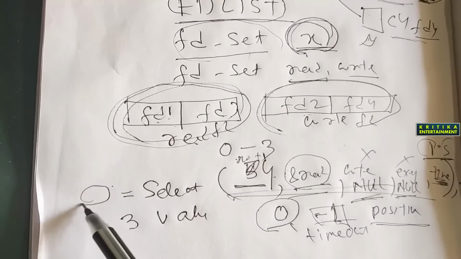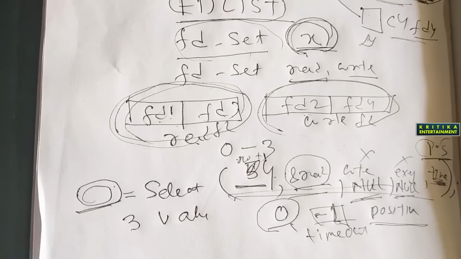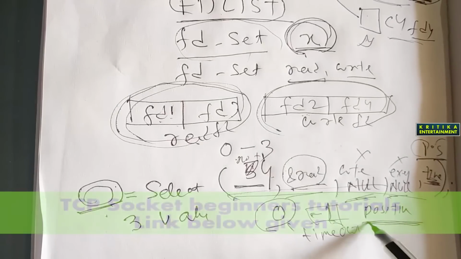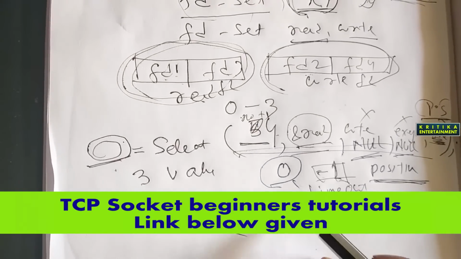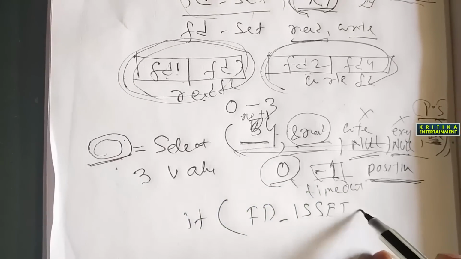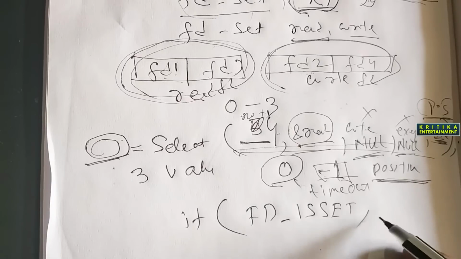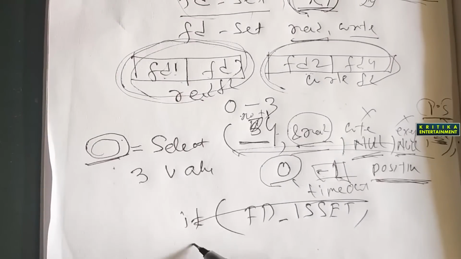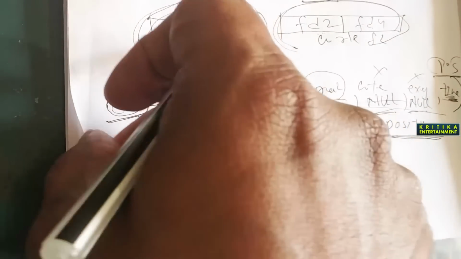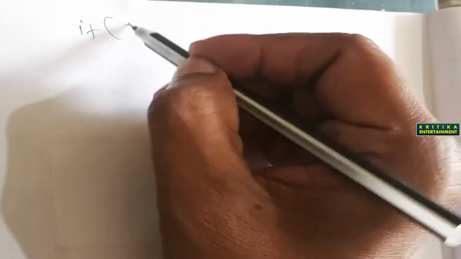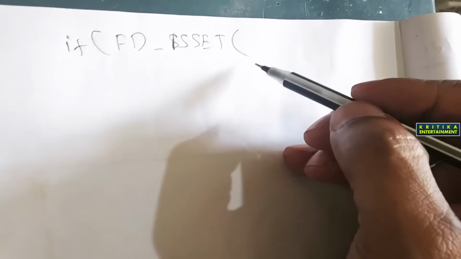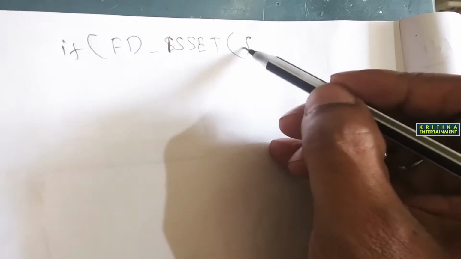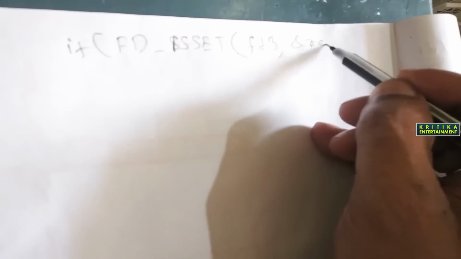So this FD number will be returned as the positive value, and later we can check it. We write if FD_ISSET, then FD3, and you check from the read FD set.